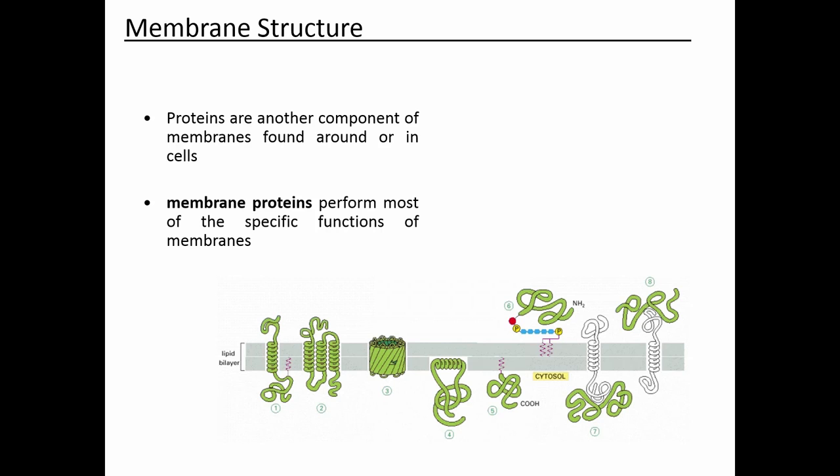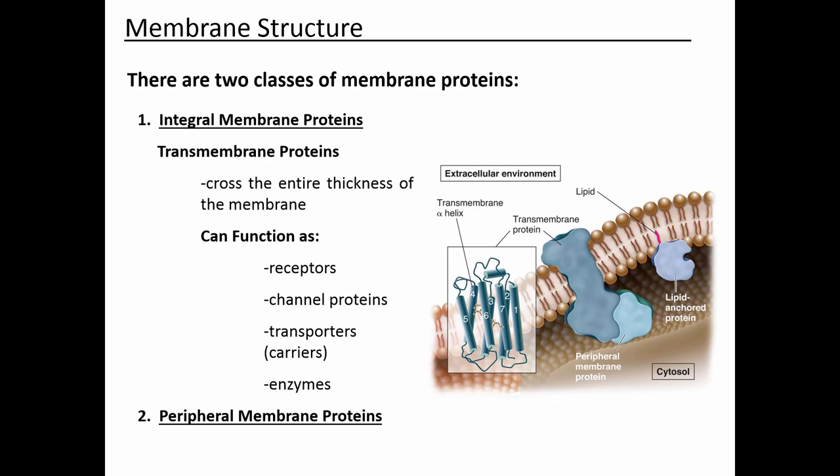In terms of the types of membrane proteins, there are two main types. They're both on the board there. One type is called an integral membrane protein, and the second type is called a peripheral membrane protein. The difference between the two is whether the protein is actually embedded in the membrane. When I say embedded, I mean that some part of the protein is in contact with the hydrophobic core.